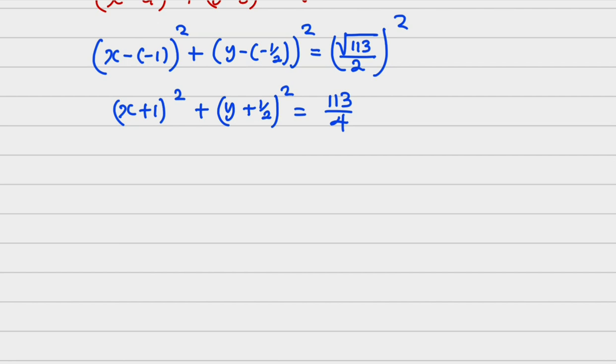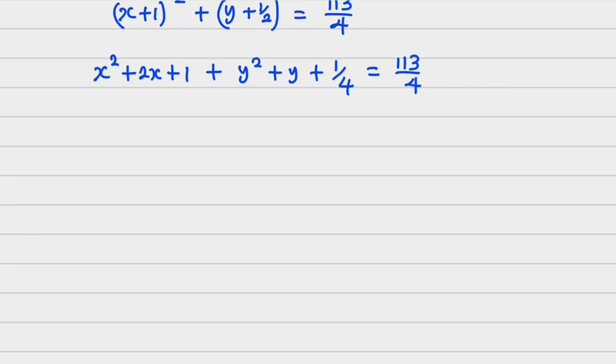All right, so I'm going to expand this. Expanding, I have x² + 2x + 1 + y² + y + 1/4 = 113/4. I'll clear the fraction by multiplying through by the LCM, which is 4.